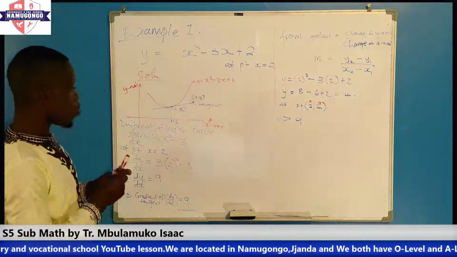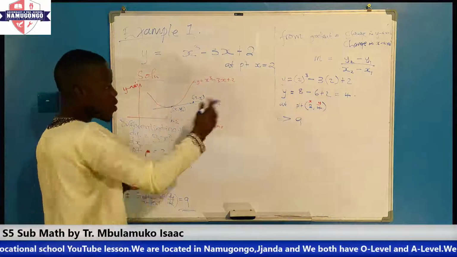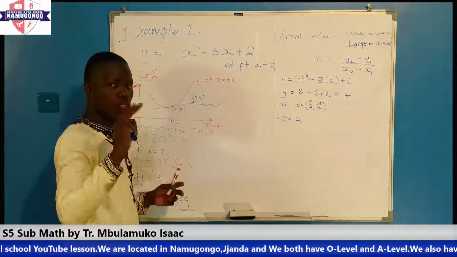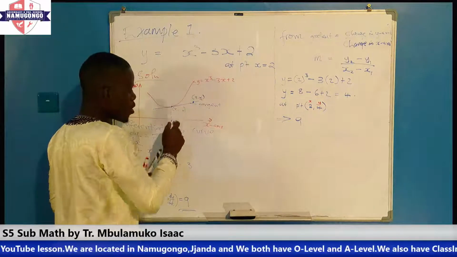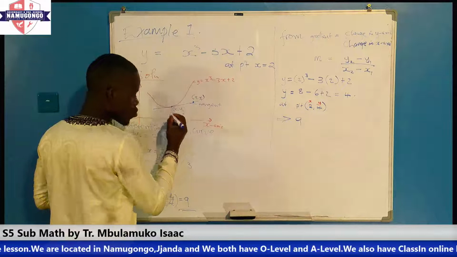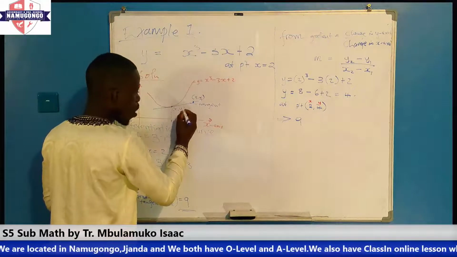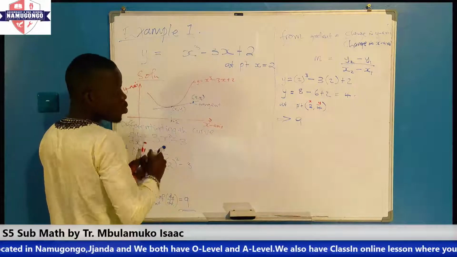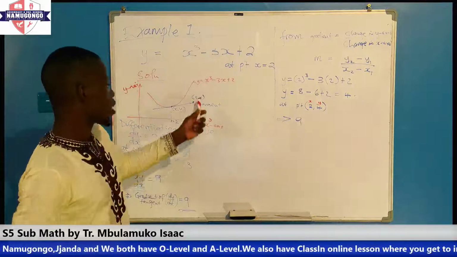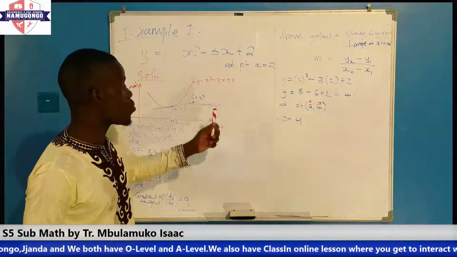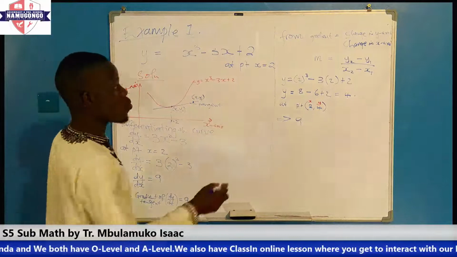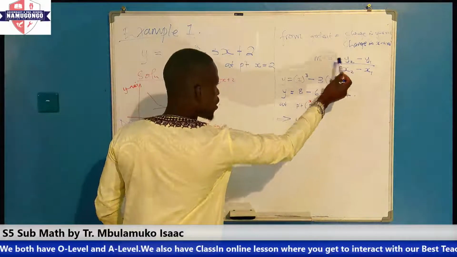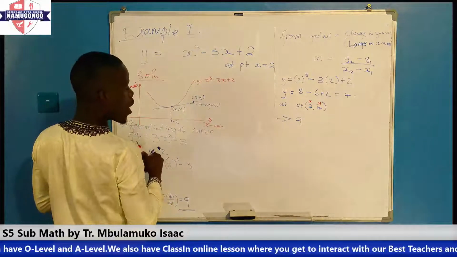y1. So when you look at this, when you want to find the gradient of the line, we just pick 2 points. Now we already know the beginning point, which is x1 and y1. And then we know the second point, which is x2 and y2. So when you substitute now for these values, x2 and y2 are not known.